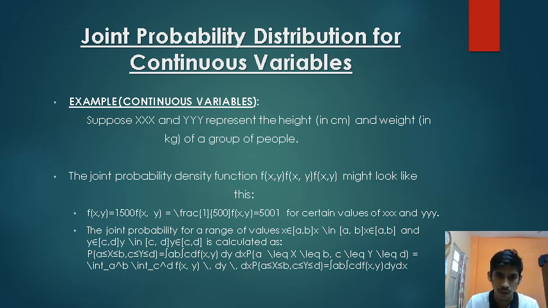This is its formula in mathematical order. For certain values of x and y, this joint probability for a range of values is calculated as this. These are its values. Okay, let's proceed.